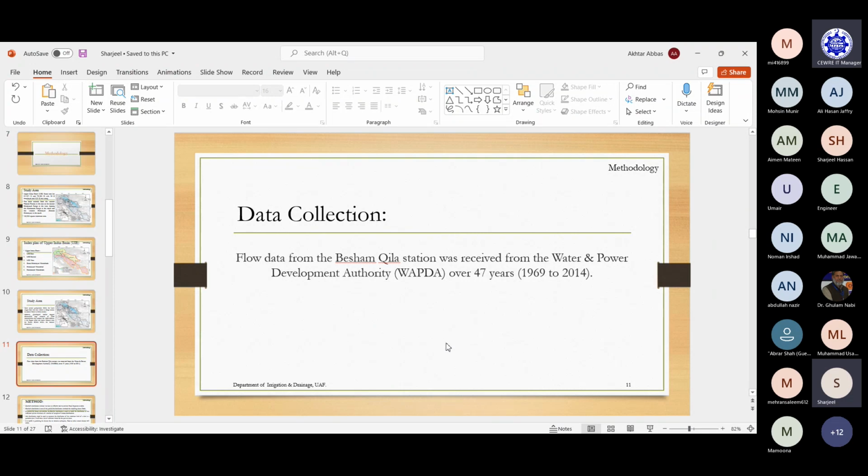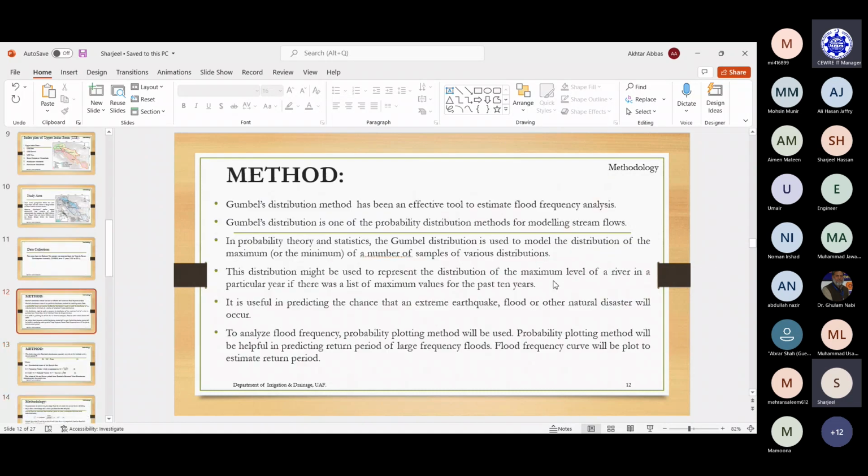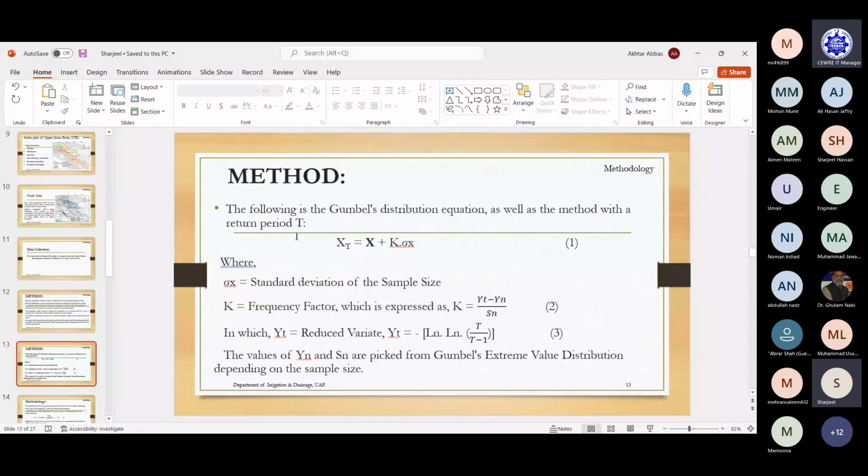Data of Besham Qila station of flow is collected from WAPDA over 47 years from 1969 to 2014. Method. Gumbel distribution method is used for flood frequency analysis because Gumbel distribution deals with extreme events. As we know, floods are extreme events. That's why I use this Gumbel distribution method for estimating flood frequency.